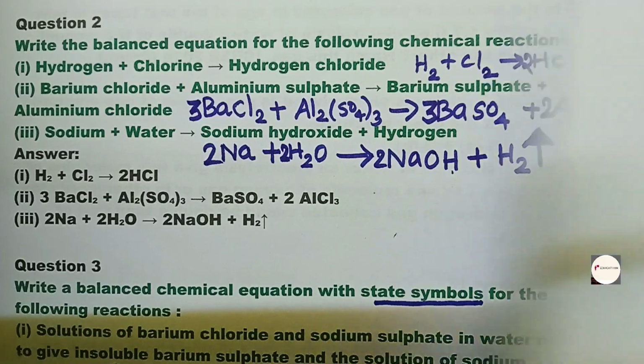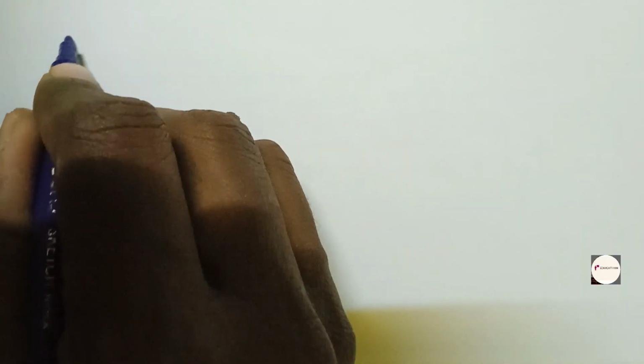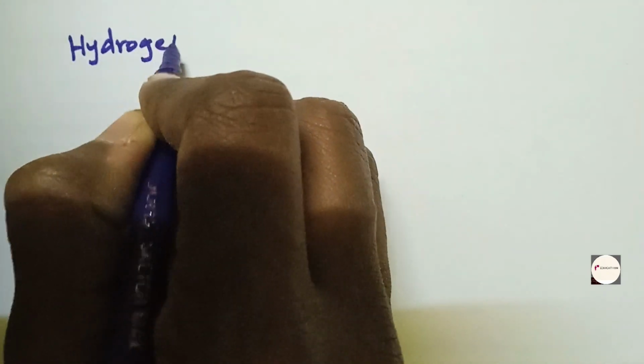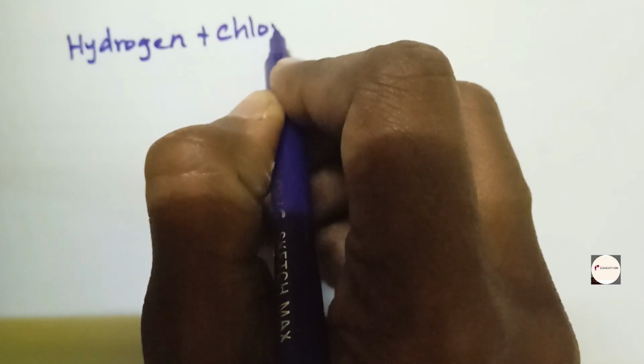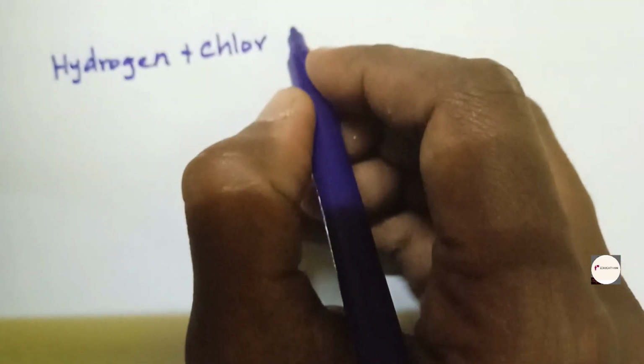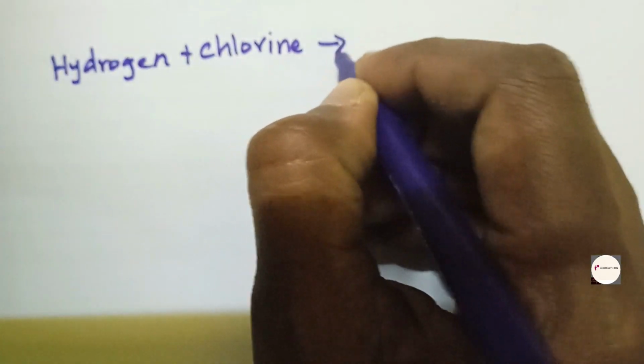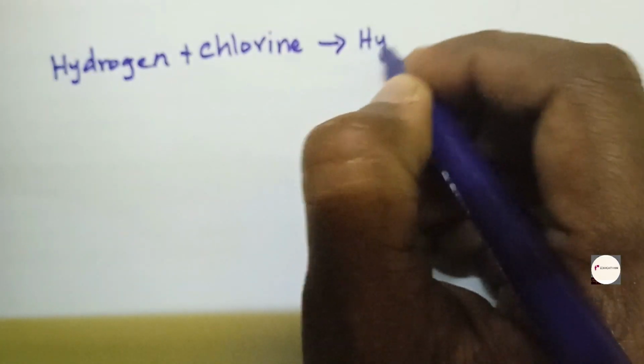I'll explain one equation here. Hydrogen plus chlorine gives hydrogen chloride.